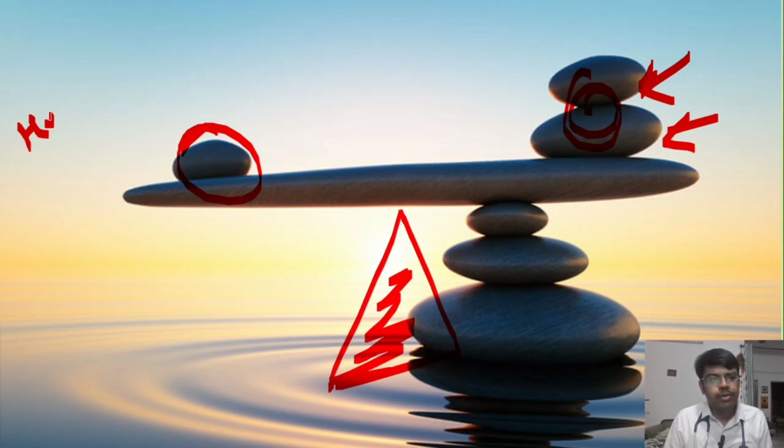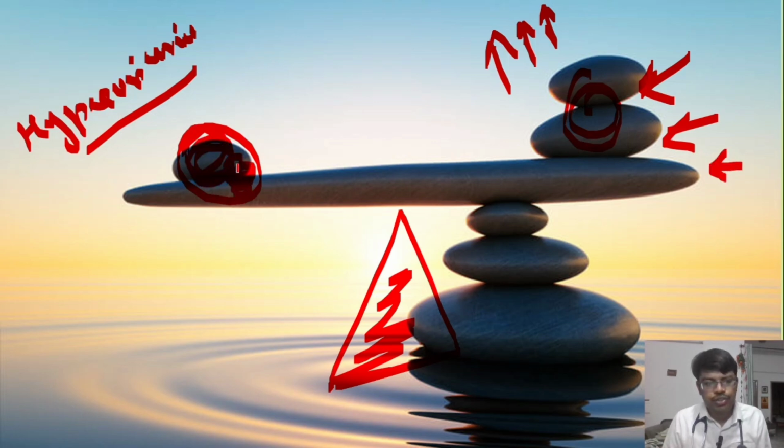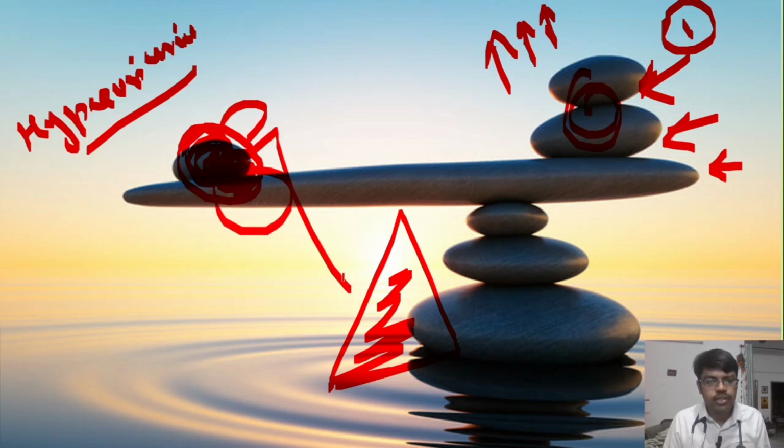When hyperuricemia occurs, when the blood uric acid level goes high, either the production increases, usually because of abnormal body cells or excessive diet, or the excretion is decreased. So simple concept: either the production or the dietary source is increased, or the excretion is decreased.